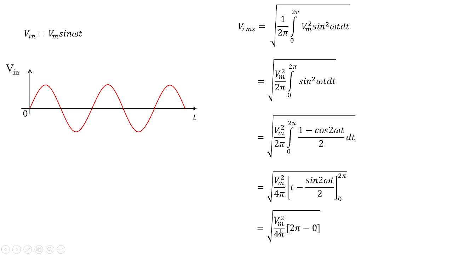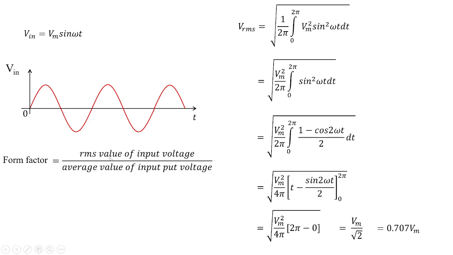So Vm square by 4 pi multiplied with 2 pi will give you the answer as Vm by root 2. The pi and pi will get cancelled. In fact, this decimal value will be 0.707 Vm.